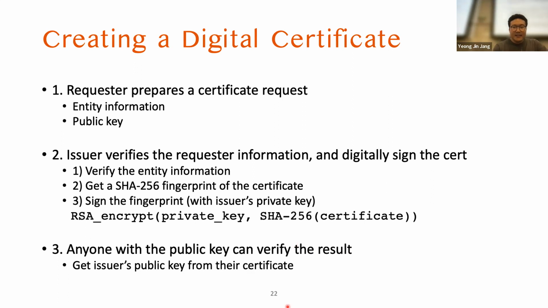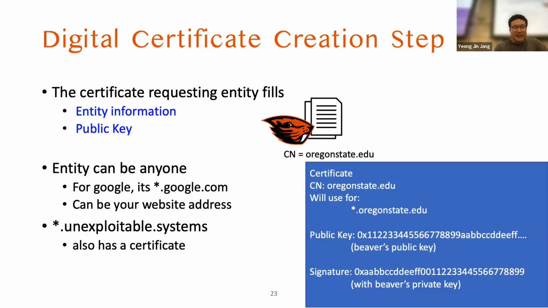Let's go over that kind of step with the figures again. For the certificate request, to create one certificate, in the example Beaver generates the certificate request for OregonState.edu, puts their public key, and puts their signature for the certificate.